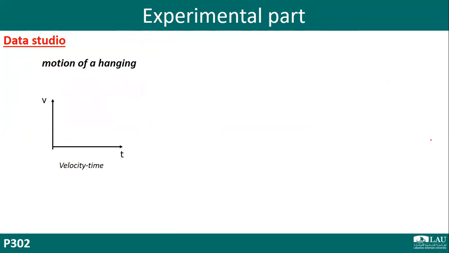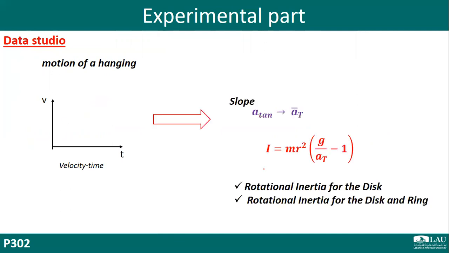Now, regarding the experimental calculation, we are studying the motion of a hanging mass. You will see that we'll be able to record a VT graph. The slope of a VT graph is the acceleration, the tangential acceleration. And we have proved that we have a relationship between AT and I. So from AT, you'll be able to calculate I. After calculating I, as you will see in the report, we have a repeated experiment.